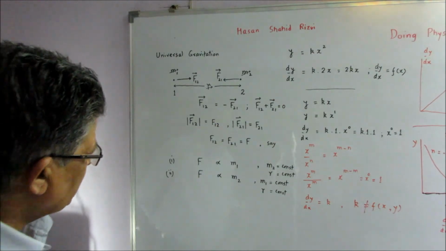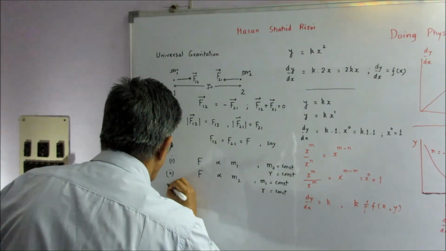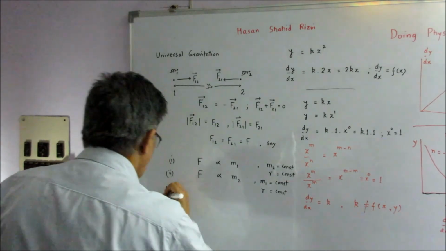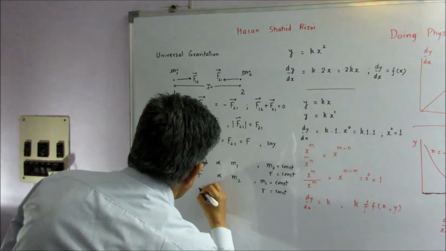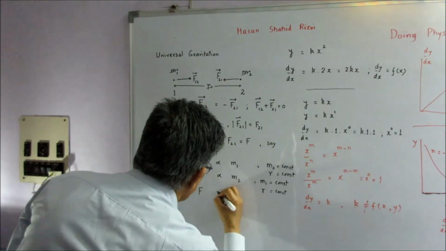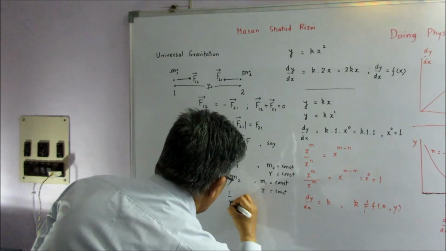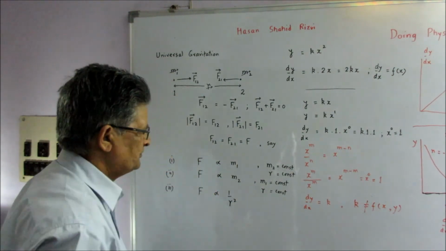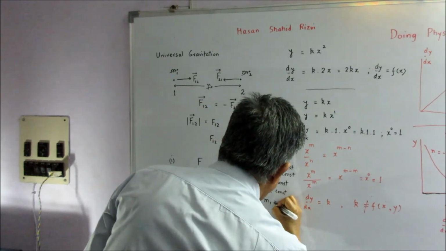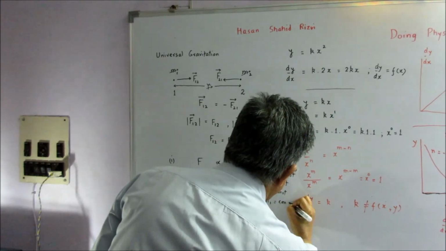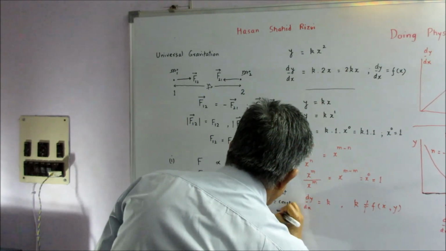And there is a third thing that I'll explain to you how it happens, and maybe we end the lecture here, that F is proportional to 1 upon R square, in which case M1 is a constant, does not change, does not vary, and M2 is also kept a constant.